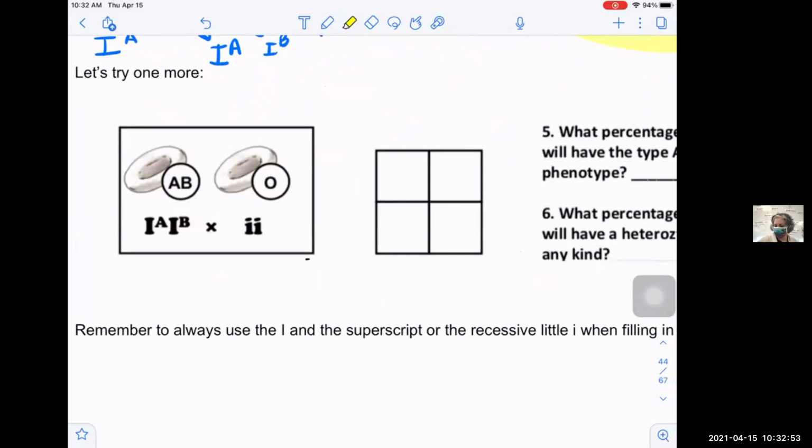And then check your work. And remember your rules, dominant goes before recessive.